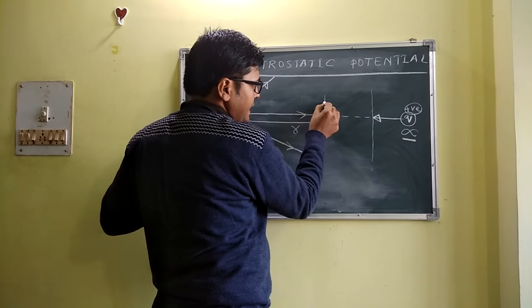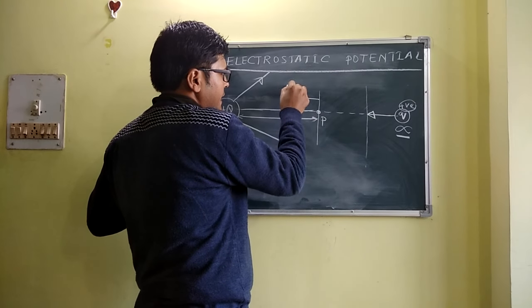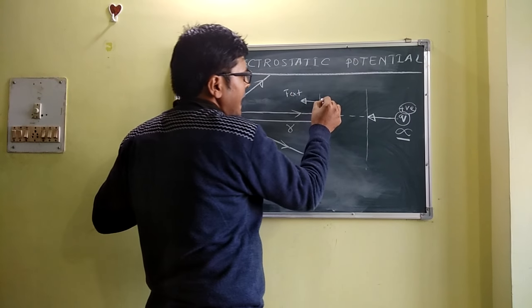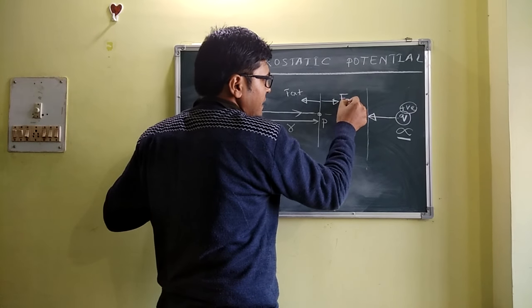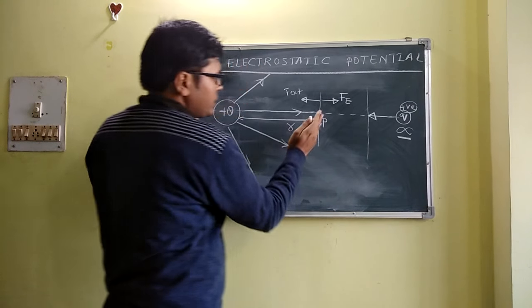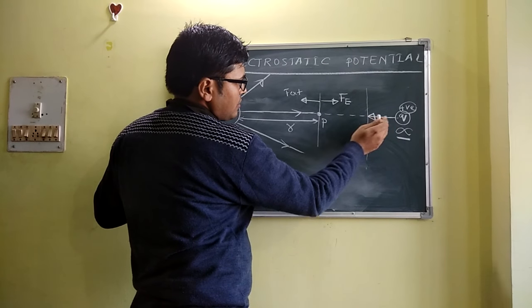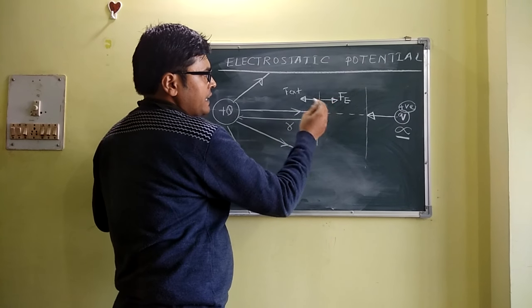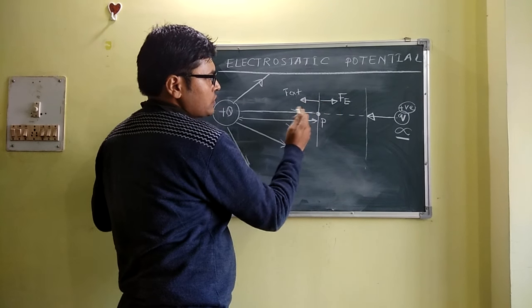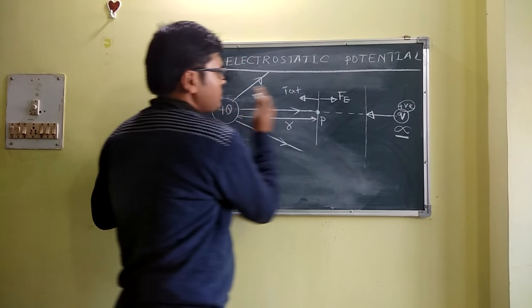Now we will select it in such a way that this external force will be exactly equal to the electrostatic force between these two particles. So these two particles will be repelling each other at this point, and we are applying some external force. We are constantly applying this external force from this position to this position.